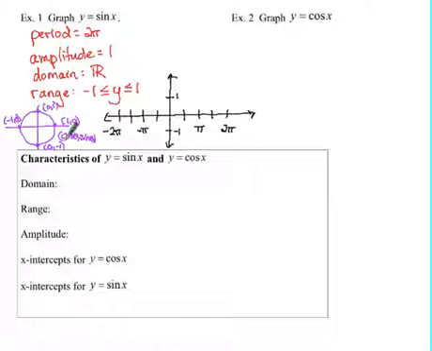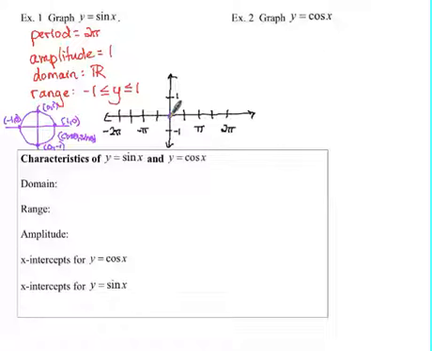So when I'm trying to get what I like to call the 5 main points for the sine graph, I come here to 0. What is the sine of 0? It's 0. Then if I rotate up here, pi over 2, what's the sine of pi over 2?